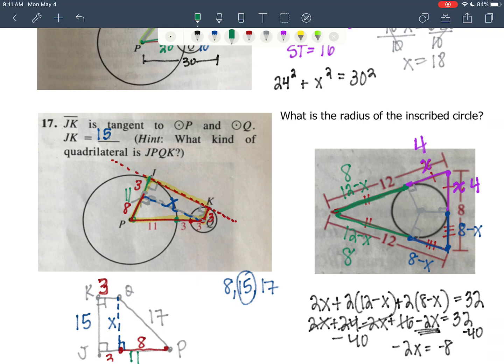And then we've got this length is 4, and this length is 4. So that's really nice right there, but how does that get me my radius? How do I find my radius? So if you want to know, you're going to need to come back in the next video.